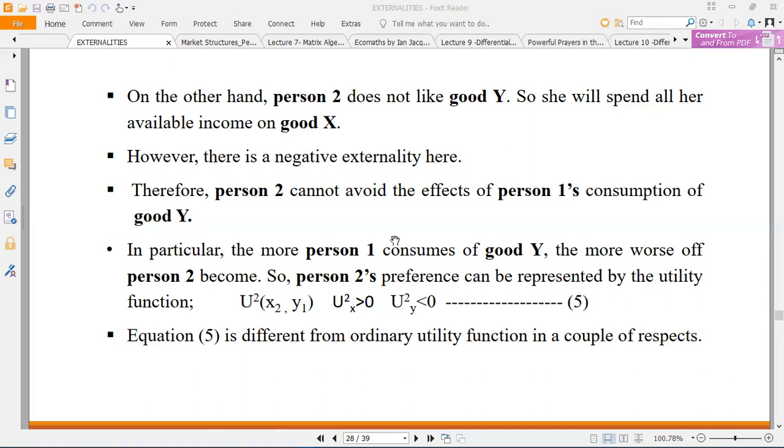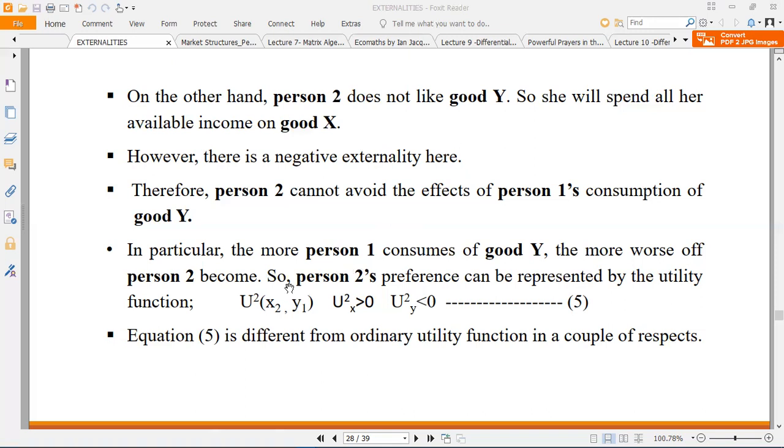This individual is not directly consuming good Y. She's getting the negative externality because of the consumption of good Y by individual 1. When individual 1 consumes good Y, it makes individual 2 worse off.